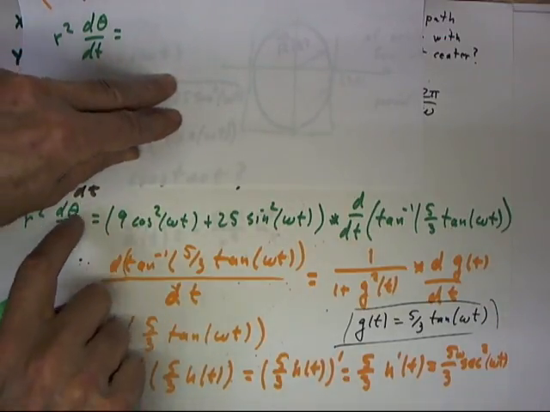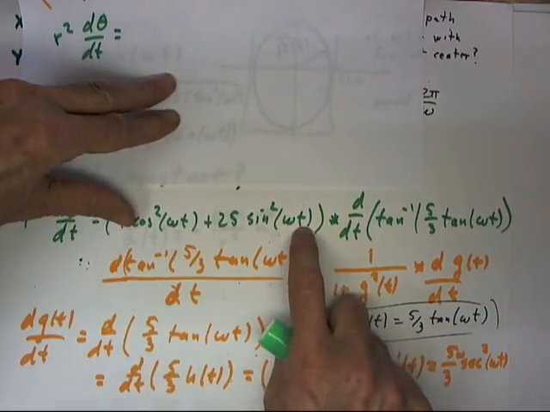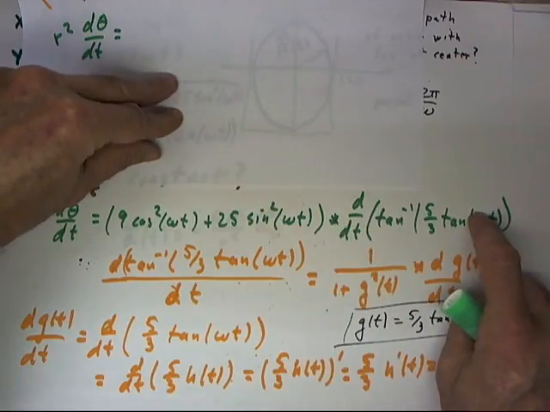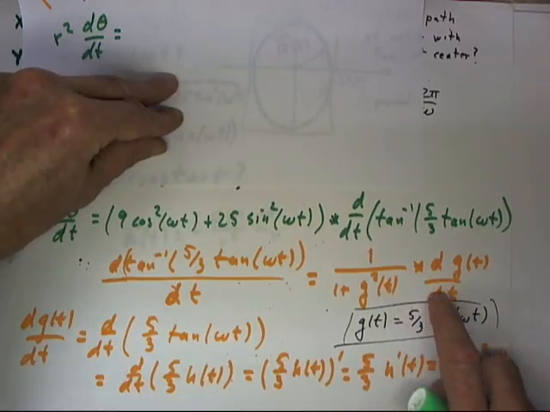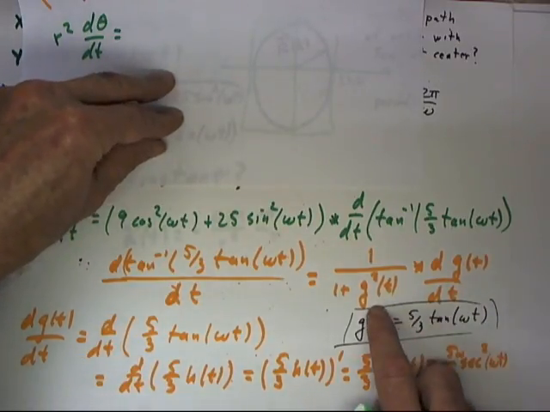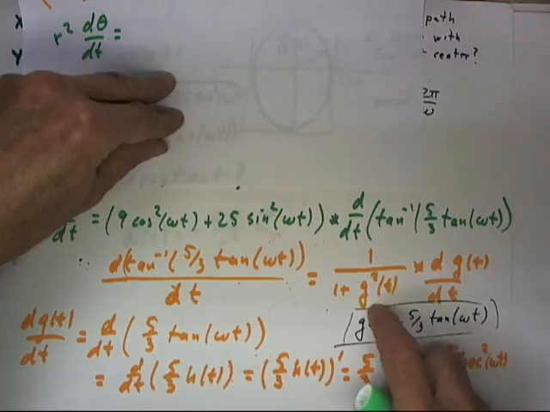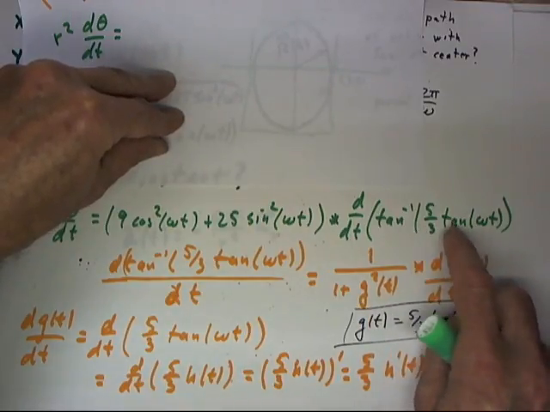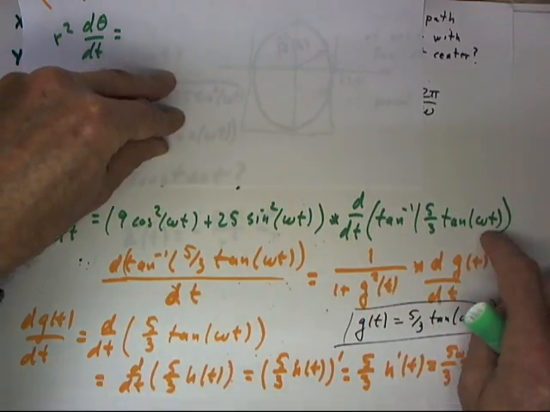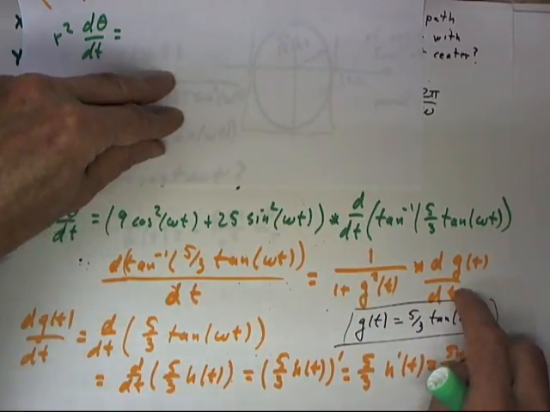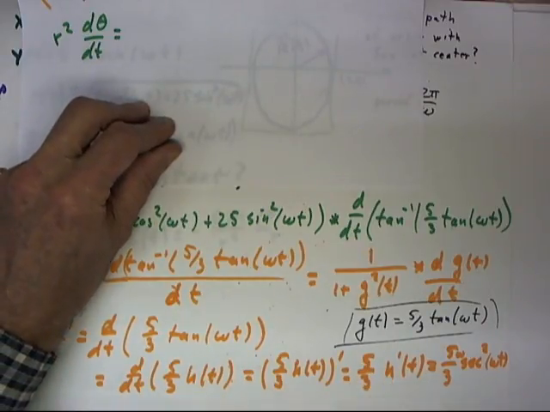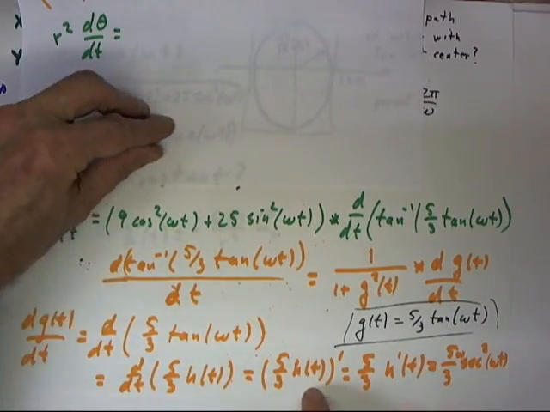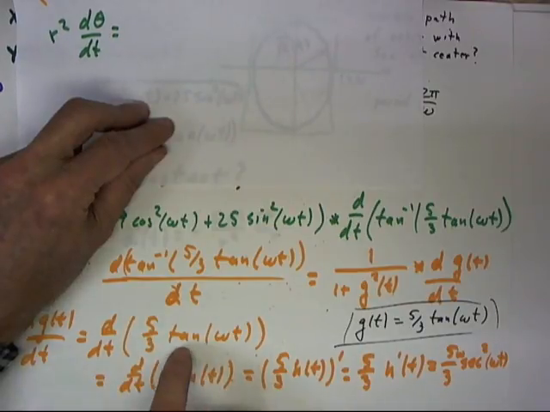Now recall that r squared d theta dt was this expression times this derivative. This derivative is 1 over 1 plus g squared of t times dg dt, where g of t is 5/3 times the tangent of omega t. And the derivative with respect to t of 5/3 tangent omega t, we didn't really need to use the h of t here. It's fairly straightforward to take this derivative, knowing that the derivative of the tangent is the square of the secant.